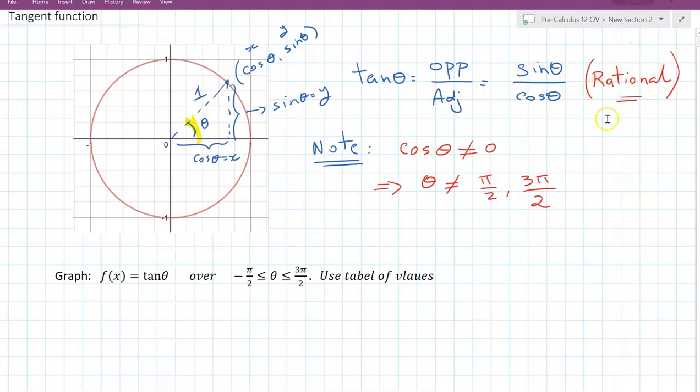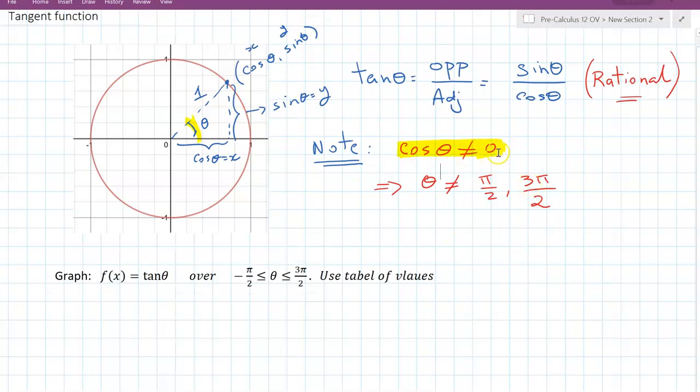And if you remember from the rational function unit, either in grade 11 or the previous sections in this grade, notice that the denominator cannot be 0, because rational expressions or reciprocal functions will be undefined if you have a denominator of 0. That means cos of theta, the denominator, cannot be 0.